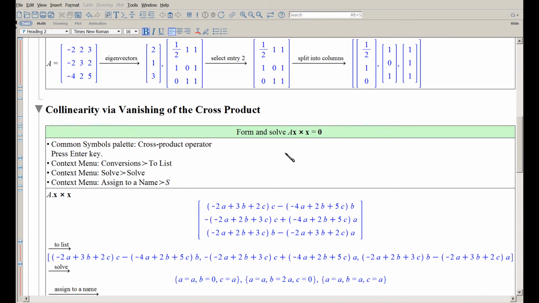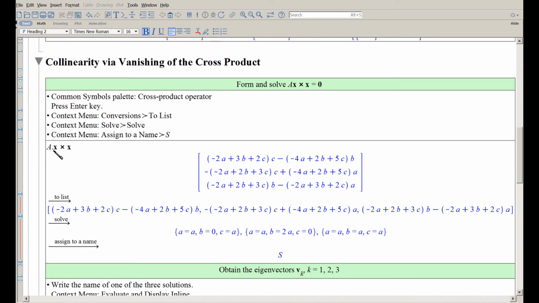Well, in 3 dimensions, you have one extra tool at your disposal. AX is a vector. You want it to be collinear with X. If the cross product of these two vectors is 0, is the 0 vector, then AX and X are collinear.